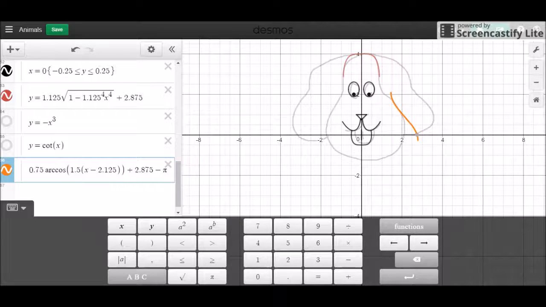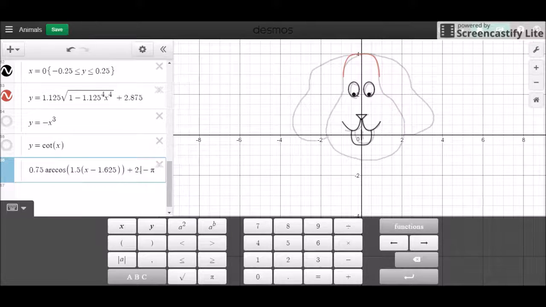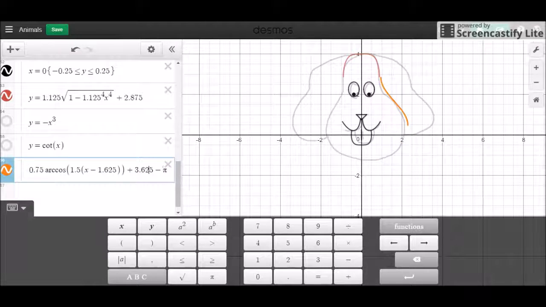So 275 is going to be 1.625. And then go ahead and just make this 3.5625 by the looks of things.